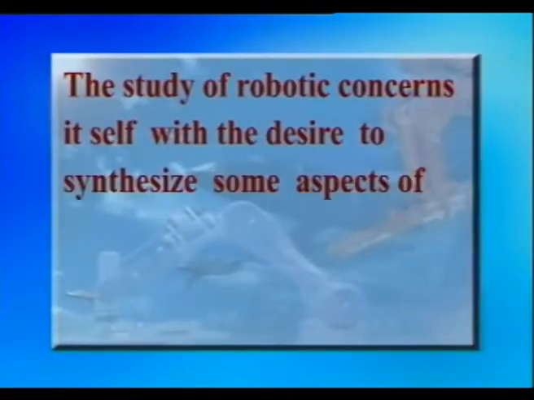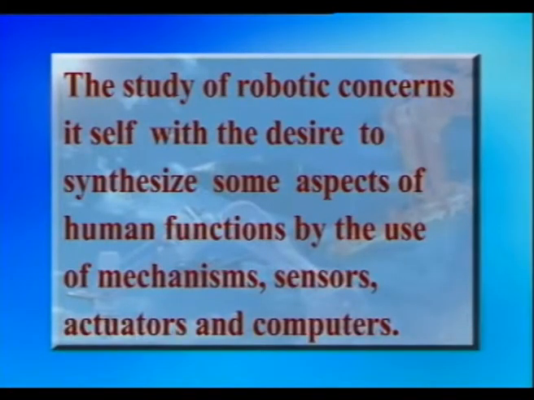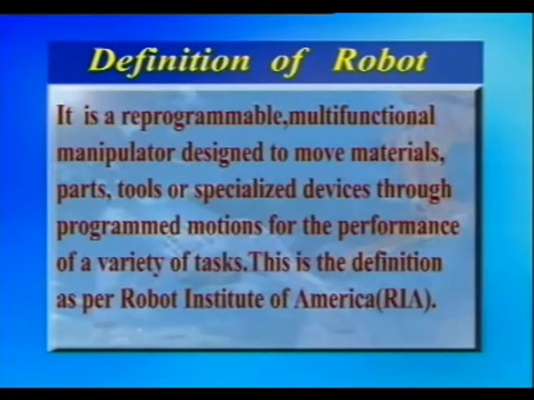The study of robotics concerns itself with the desire to synthesize some aspects of human functions by the use of mechanisms, sensors, actuators and computers. Now we'll see the definition of robot. It is a reprogrammable, multifunctional manipulator designed to move materials, parts, tools or specialized devices through programmed motions for the performance of a variety of tasks.